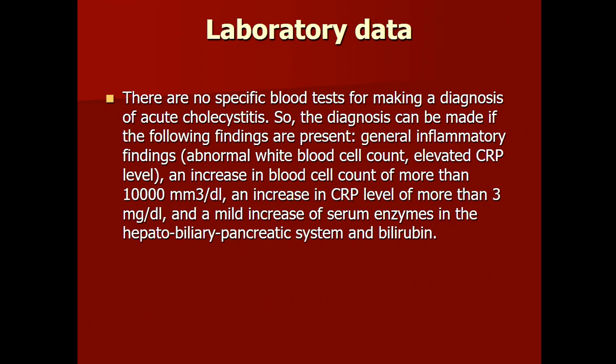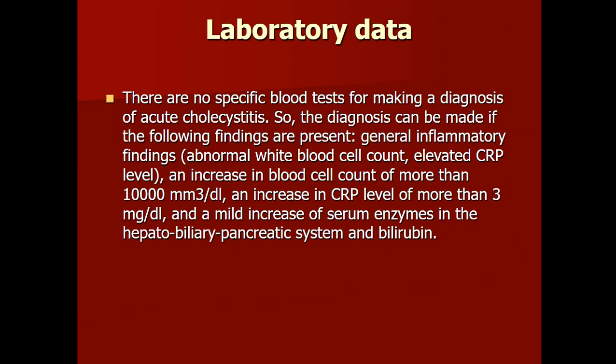General inflammatory findings, that's abnormal white blood cell count, elevated CRP level, an increase in white blood cell count of more than 10,000 per deciliter, an increase of CRP level of more than 3, and a mild increase of serum enzymes in the hepatobiliary pancreatic system and the bilirubin.